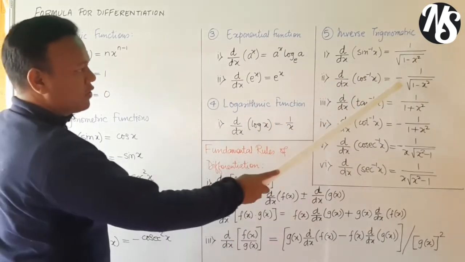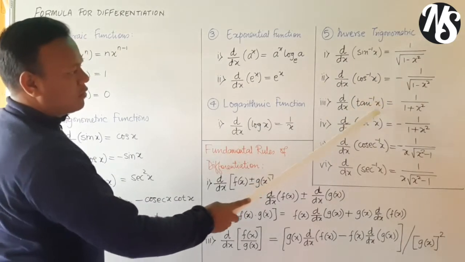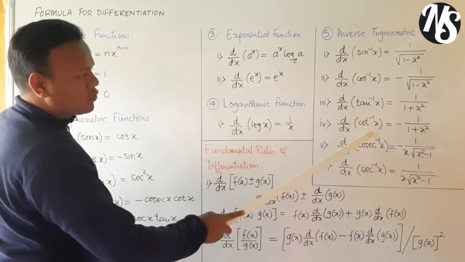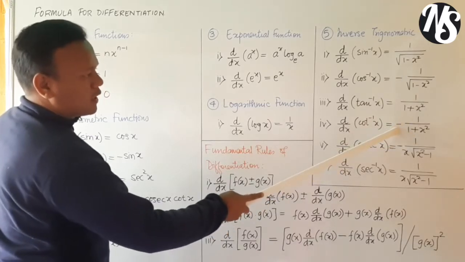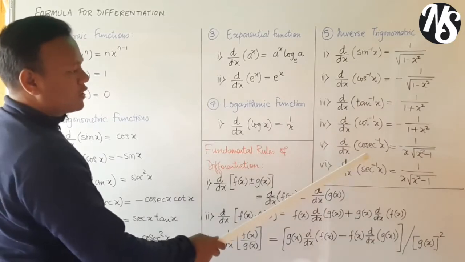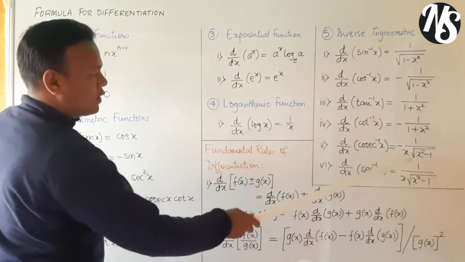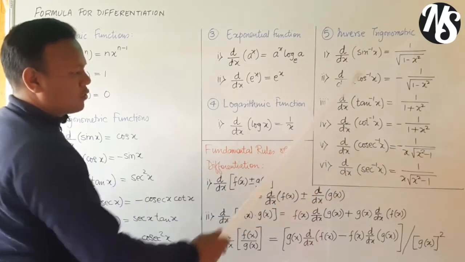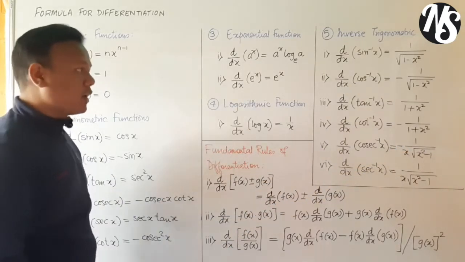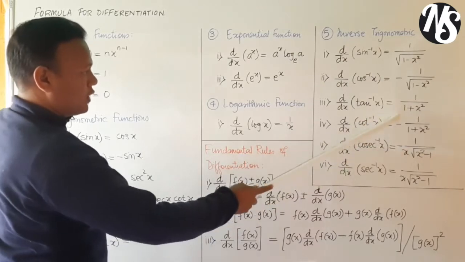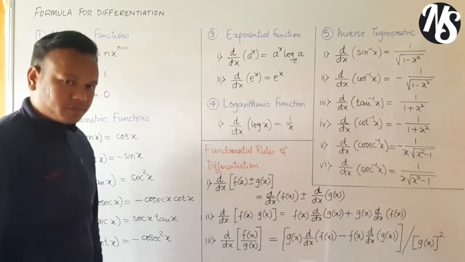For tan inverse it will be 1 by this much. For cot inverse it's going to be just the negative of tan inverse. For cosec inverse it will be negative of this, and for sec inverse it's just the opposite of that, that is, positive. Here again, whatever starts with c, all of them will have a negative sign.